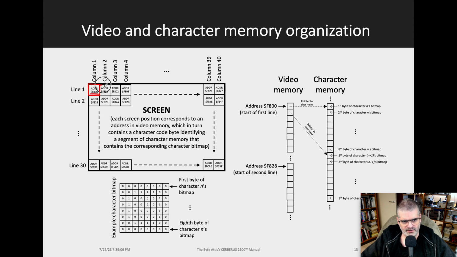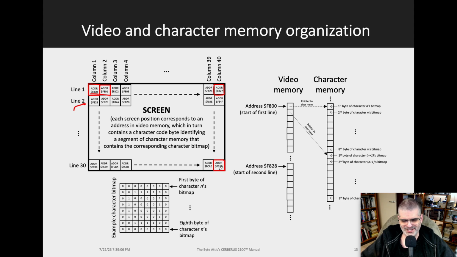The character next to that is at address F801 and so on, until the last character in this row is at address F827. And then at F828 we begin a new row of characters, and so forth, until video memory address FCAF contains the last character on the screen, which is the one on the bottom right corner.